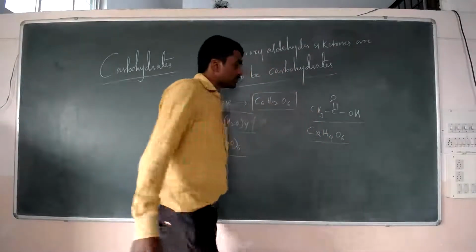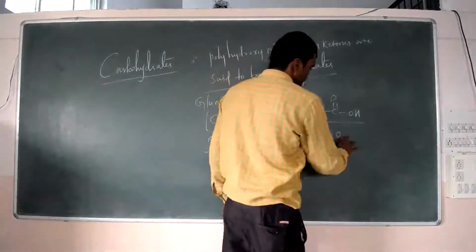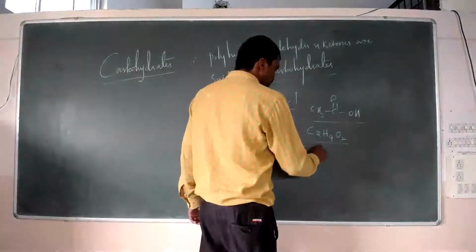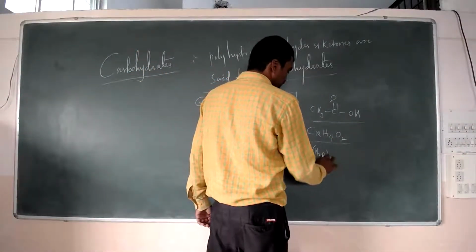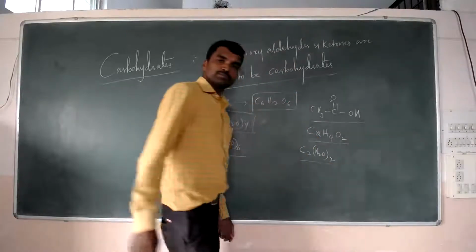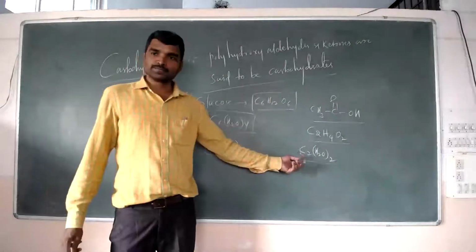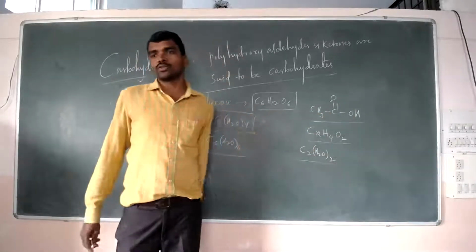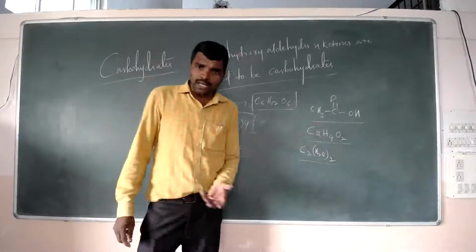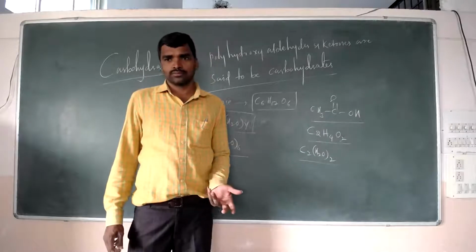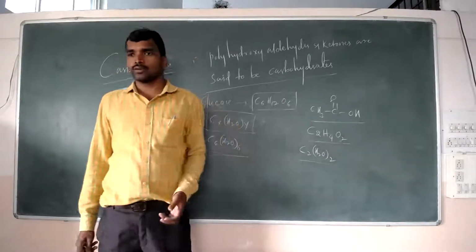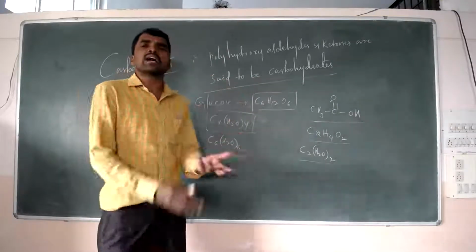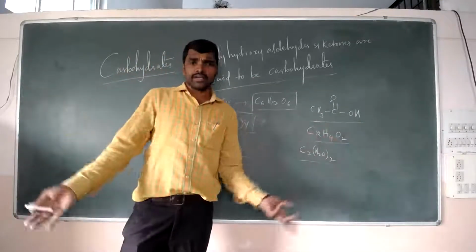C2H4O2. This fits in the formula CH2O taken n, C2H2O taken 2, but it does not come under carbohydrates. So we can't say these are carbohydrates.